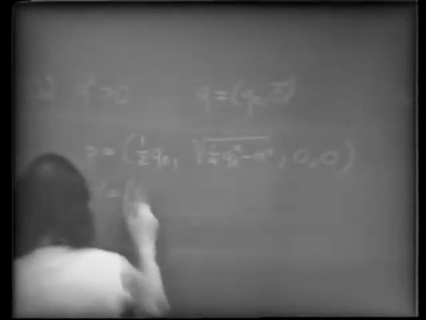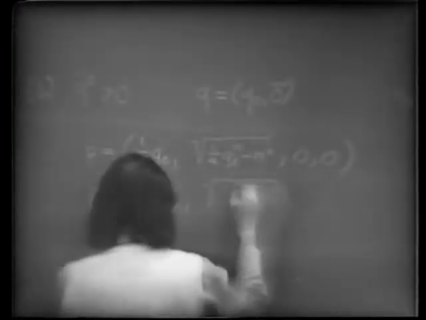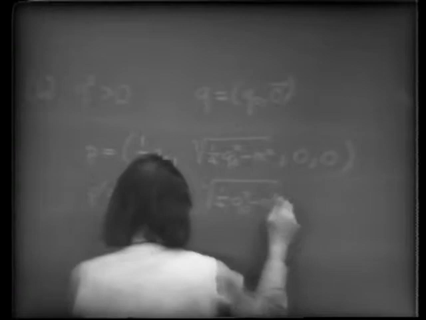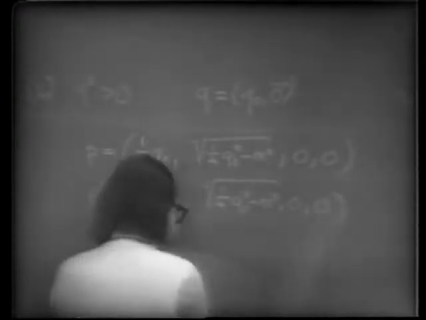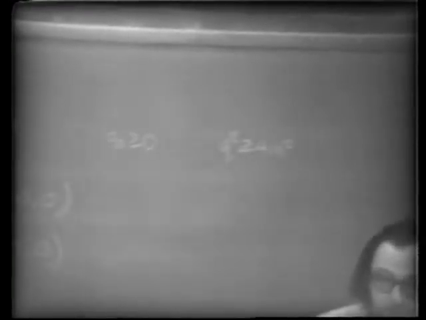P prime equals minus 1/2 Q naught, which obviously requires that Q squared be greater than or equal to 4M squared. And that's what you would expect for a production process. Of course, if you are making a pair of particles, actually the minimum energy they have is 2M, and the minimum square of the energy in the center of mass frame is 4M squared.